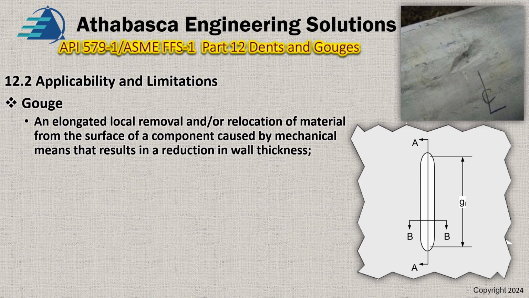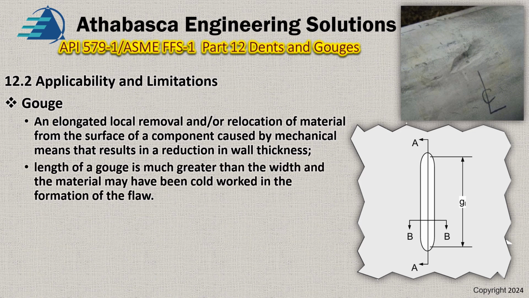I mean, by definition, that could also be a scratch as well. So let's continue, because there are some differences, and I would say it's an appreciable wall thickness. Next, the length of the gouge must be much greater than the width, and the material may be cold worked in the formation of a flaw.